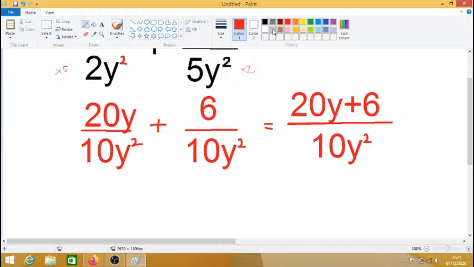So then you'll have, instead of 20y, we can make that 10y. Instead of plus 6, I can make that 3. I'm just halving everything, dividing by 2. And then on the bottom, the 10y squared, I can half that. That makes 5y squared.